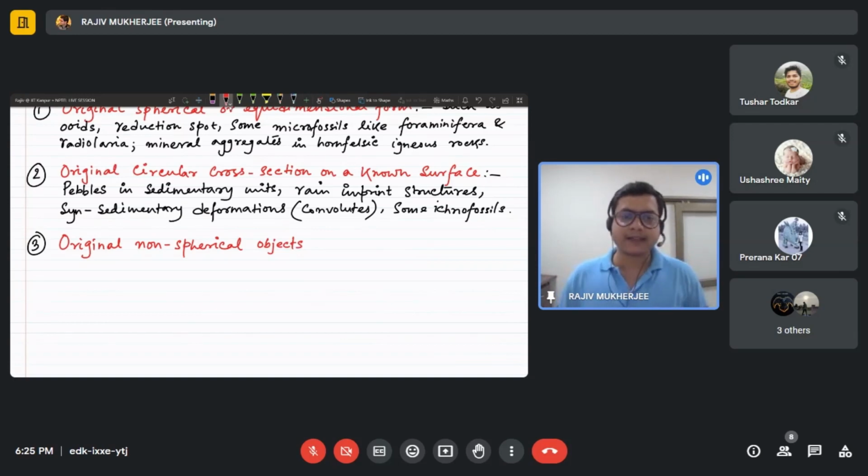Anything that is not spherical could be non-spherical, but in that case we approximate an elliptical shape over the object or the strain marker which we are interested in.